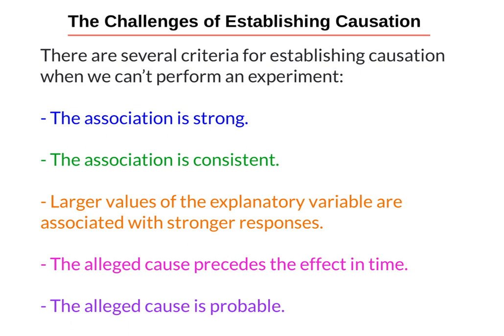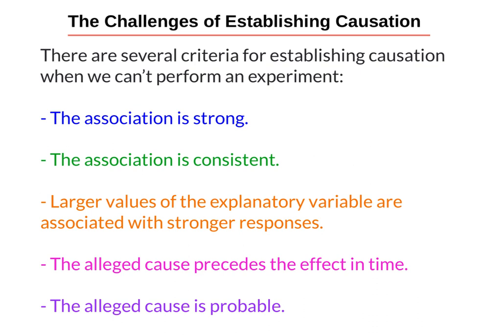First up, the association between the two variables, the explanatory and the response, is strong. Using the smoking and lung cancer example, oh, definitely, that association, very strong. The second is that the association is consistent. So there have been many studies and many experiments over many years that have consistently said that lung cancer and smoking are related.